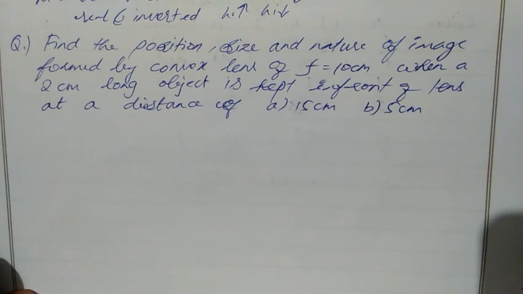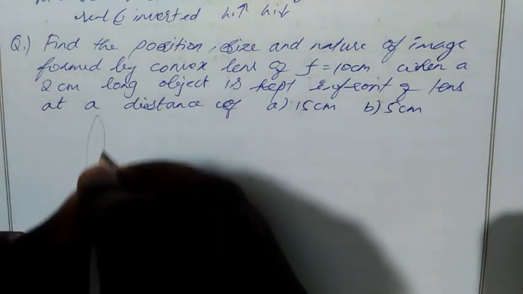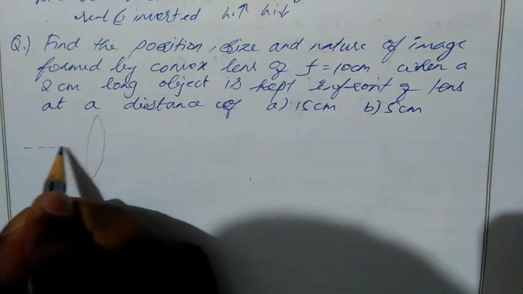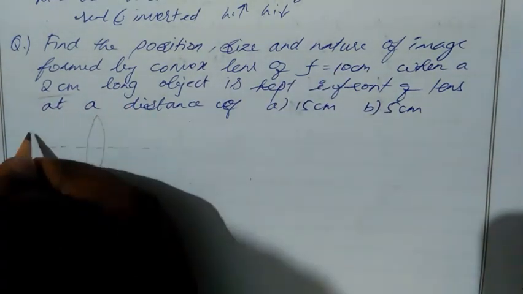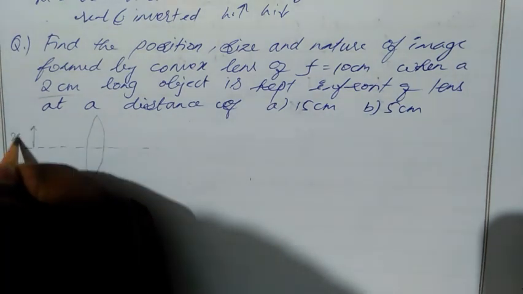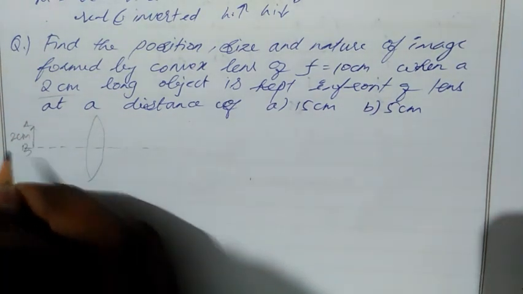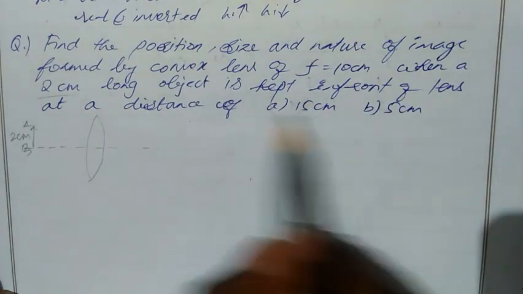First one, we have a convex lens, and an object of length 2 cm. 2 cm long object means height of the object, which is given 2 cm, kept in front of lens at a distance of, first case 15 cm.